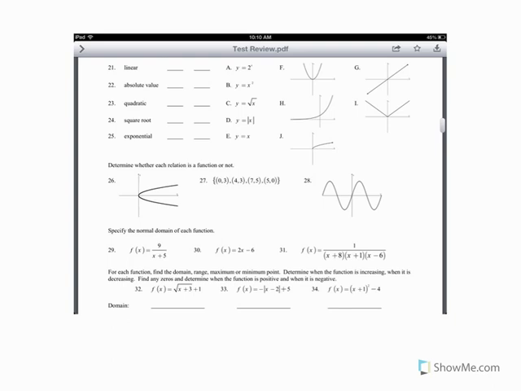Alright, here, we went over the parent functions again. Make sure you know all of your parent functions. I'll make sure to put 2 of these on here. Guys, you need to know your parent functions. It's plain and simple. It's one of the common things that is going to come up, and make sure you know how to shift them.